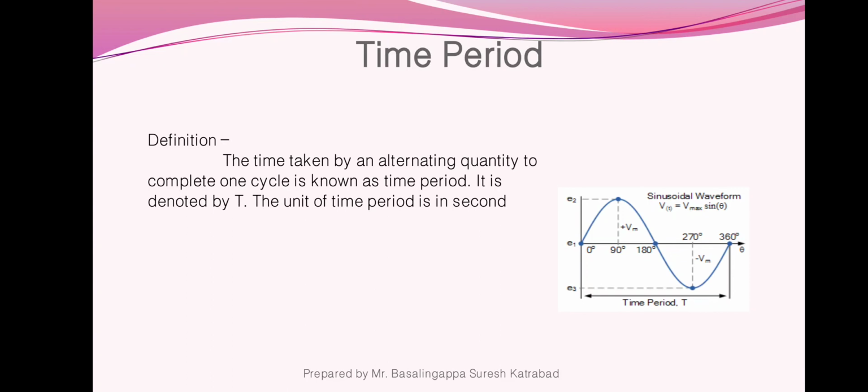Next, time period. The time taken by an alternating quantity to complete one cycle is known as time period. It is denoted by capital T. The unit of time period is second. Figure shows the waveform of time period.